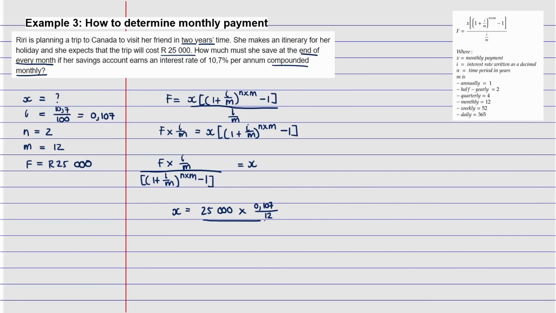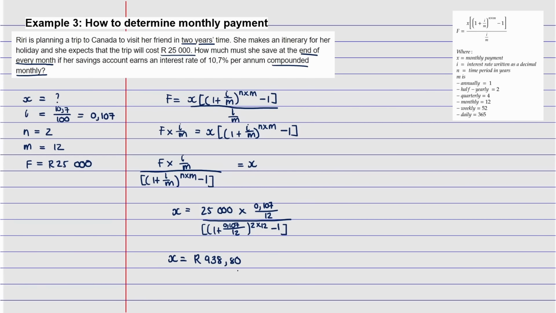And that whole thing is divided by 1 plus I, which is 0.107, divided by 12, which is M. And this is to the power 2, which is N, multiplied by 12, and this is minus 1. Then when you punch that into the calculator, you're going to get that the monthly payment that Riri needs to make is the following. It's going to be 938.